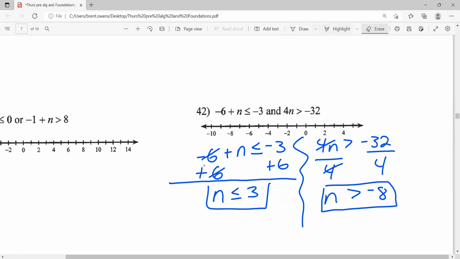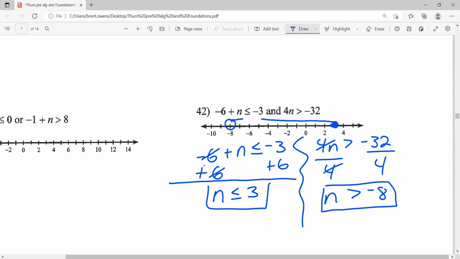So I'm going to start off on the number 3 and fill it in. And n is less than or equal to 3, so if you say less than, go left. I'm going to stop about right here because I know that n is greater than -8, and that's an open circle.